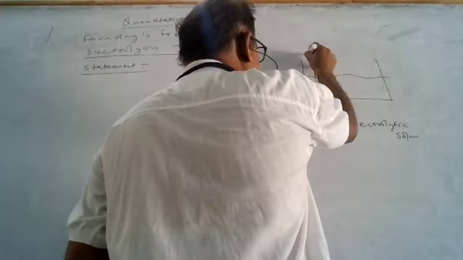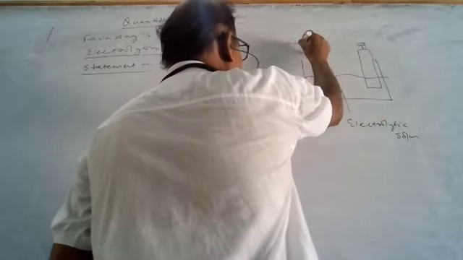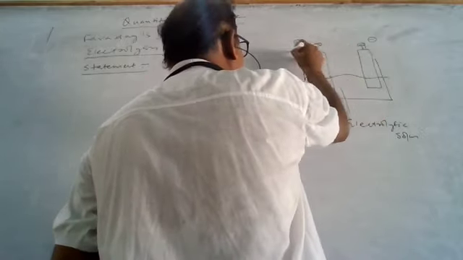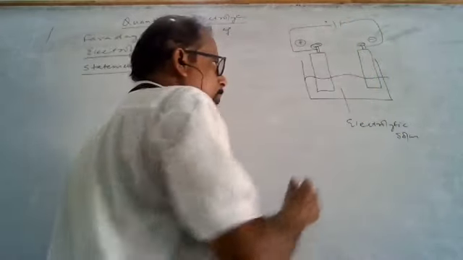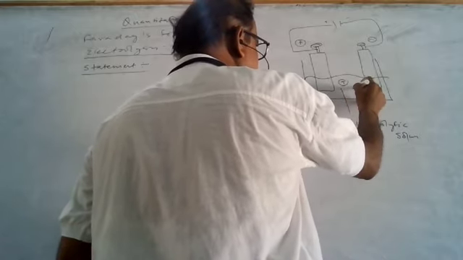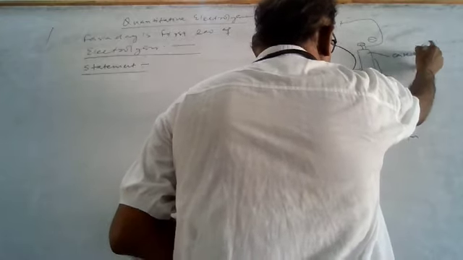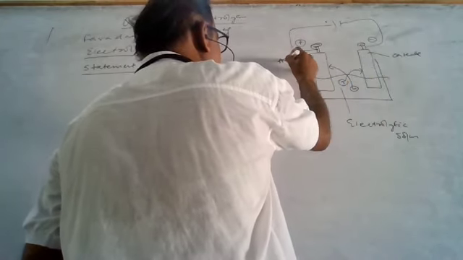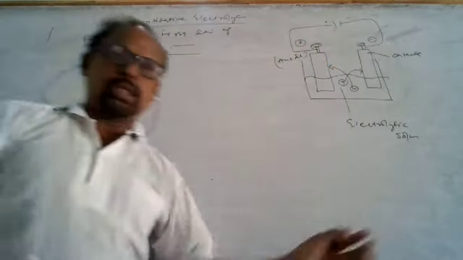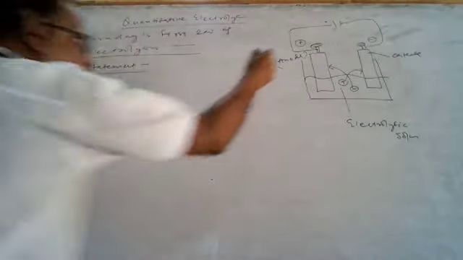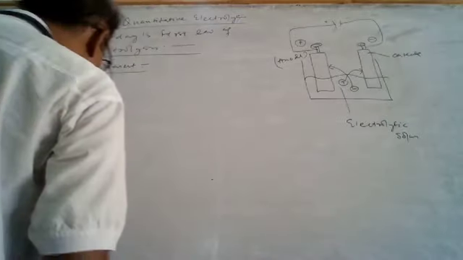There are two electrodes, metallic plates in contact with the electrolyte solution, the positive plate and the negative plate, both connected to a source of electricity so that electricity is passed. This is the positive ion and this is the negative ion. Cation moves towards the cathode and anion moves towards the anode. Electricity passes through it so that dissociation takes place.